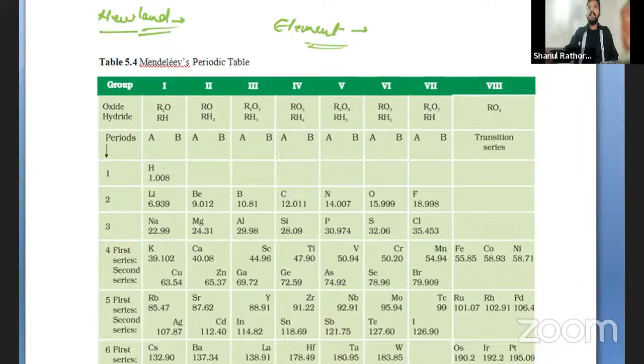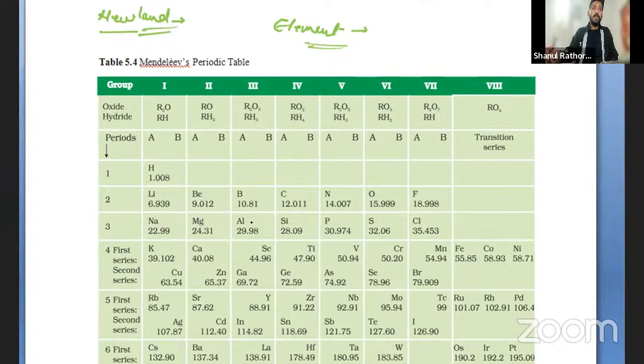And that's why he was not only able to work out the atomic masses of the missing elements and predict their properties. For example, he left a gap after the aluminium and named it the undiscovered.